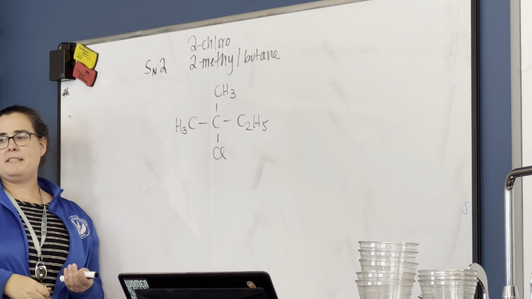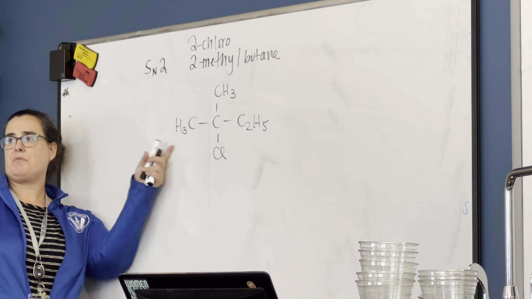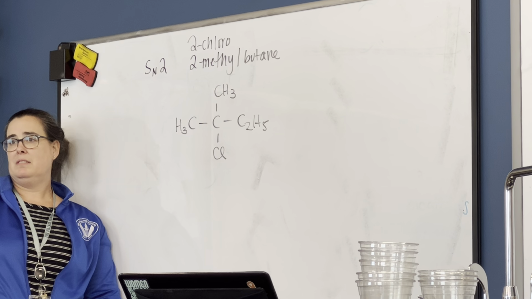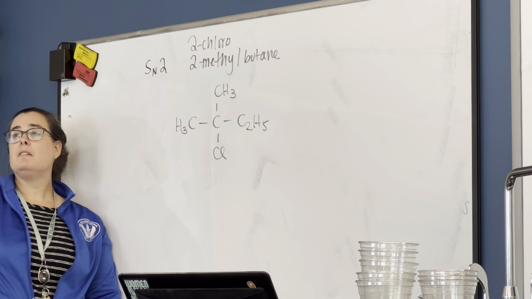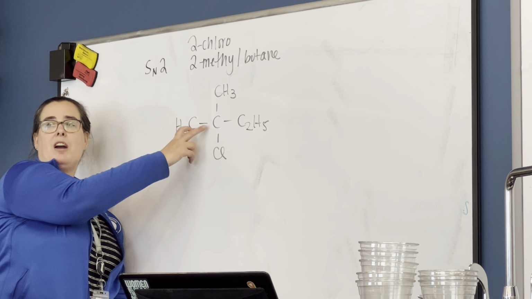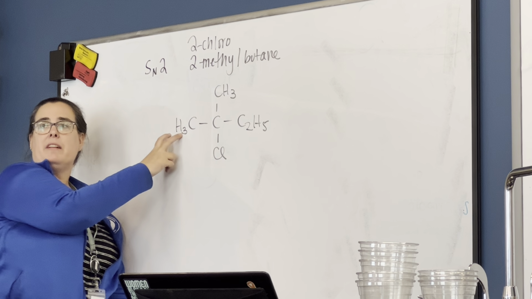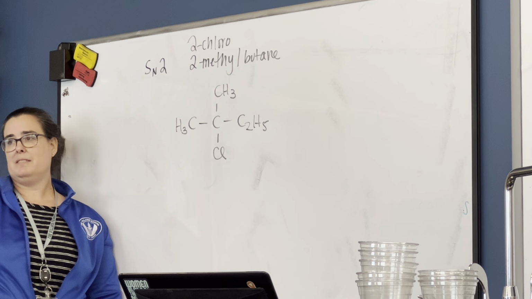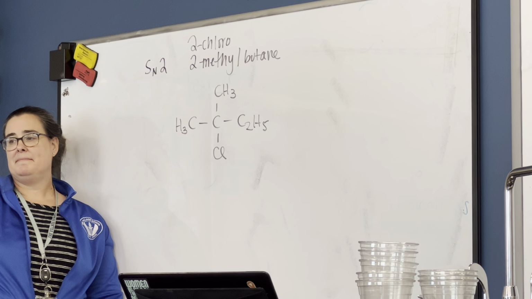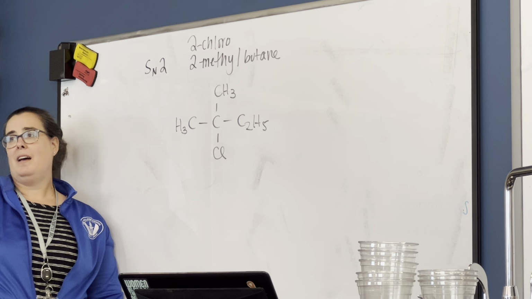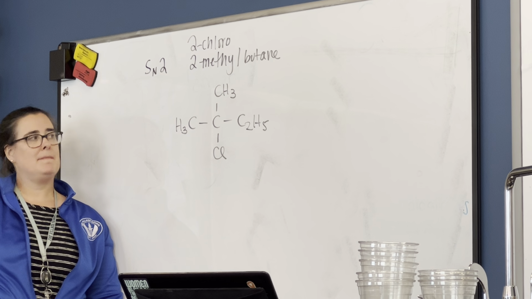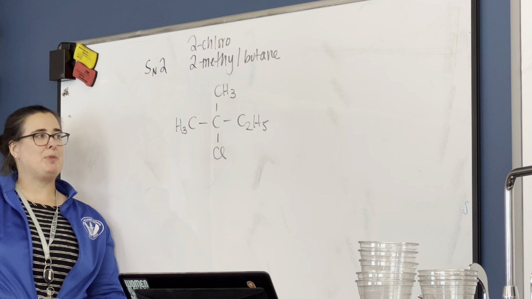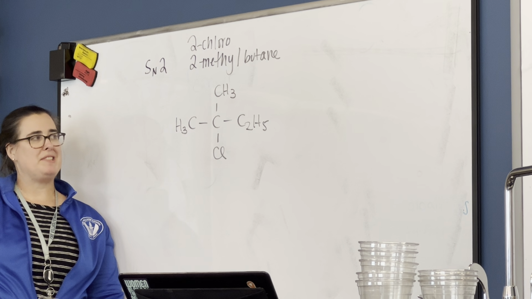A student in the other class asked me why I wrote this as H3C. Margaret's saying because the two carbons have to be bonded together, so when it's on the left, I have to flip it around. I don't know, the other class lacks some common sense. It seemed like a reasonable question, something I should address.